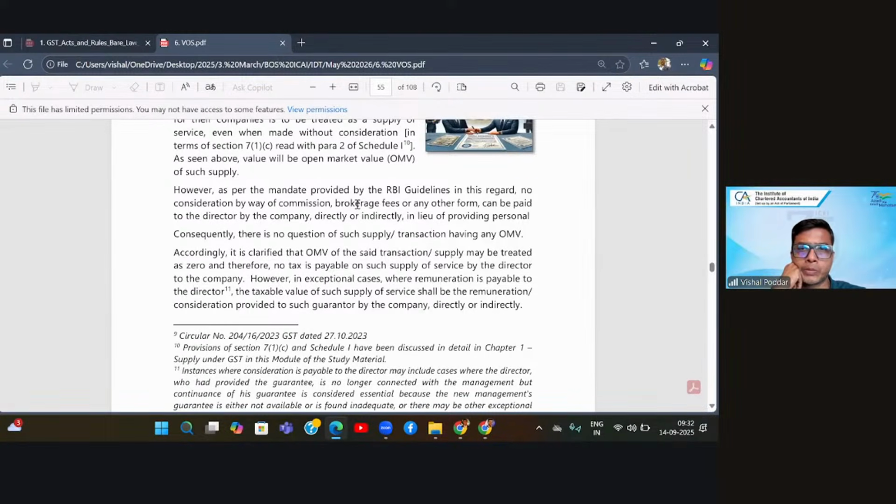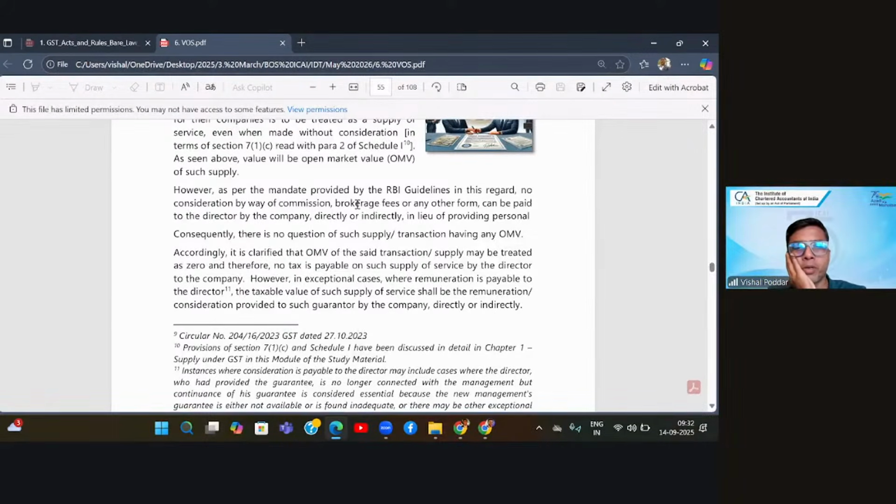Accordingly, it is clarified that the open market value of said transaction or supply may be treated as zero and therefore no tax is payable on such supply of service by the director to the company. However, in some exceptional cases where remuneration is payable to the director, the taxable value of such supply of service shall be the remuneration or consideration provided to such guarantor by the company directly or indirectly.